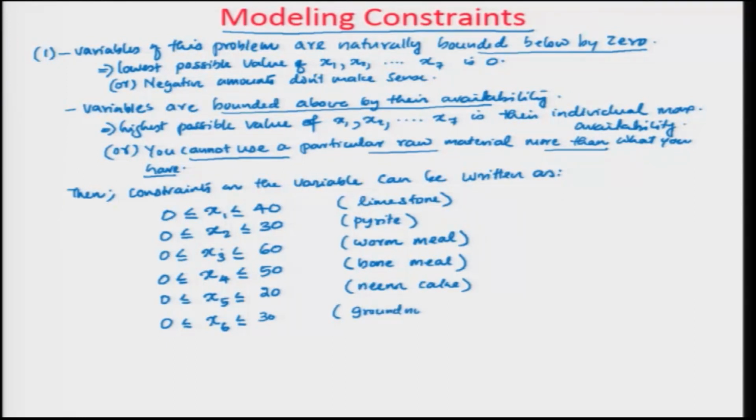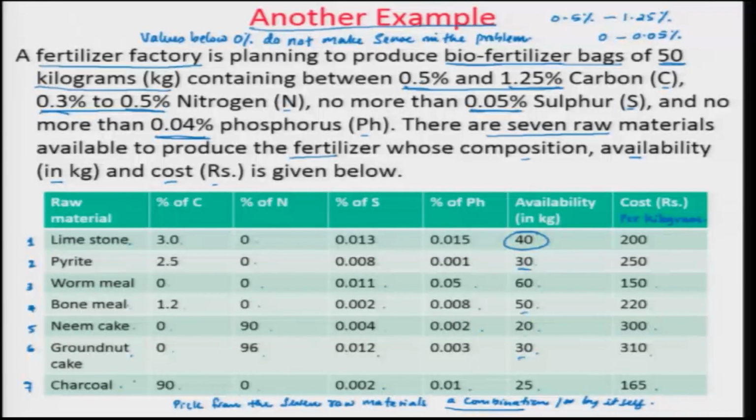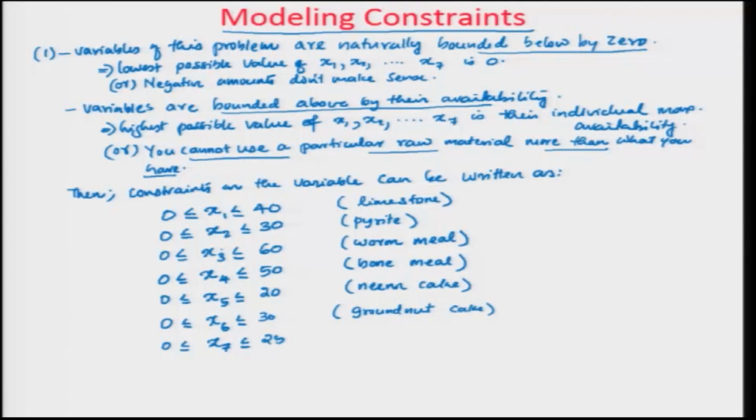And the last variable, 0 less than or equal to x7 less than or equal to the quantity. We go back again and look at the table, charcoal, it's 25. So we write it as 25. That is charcoal. Okay. So now we know the values of all the individual variables.